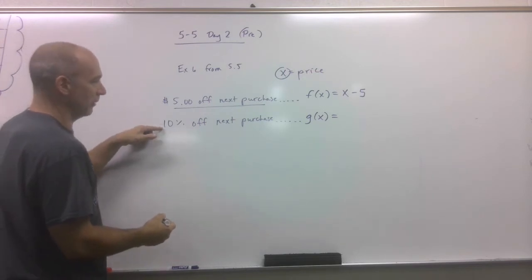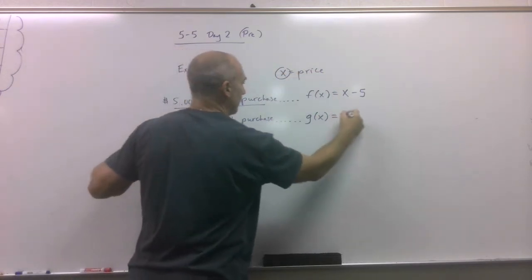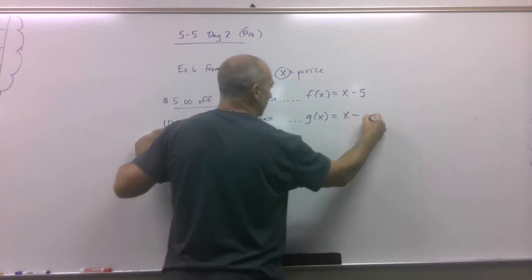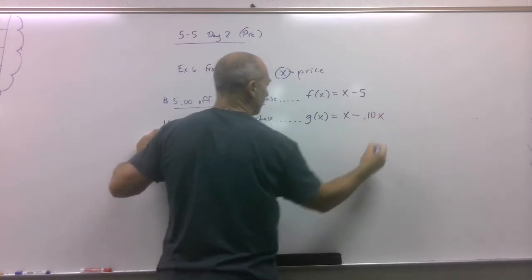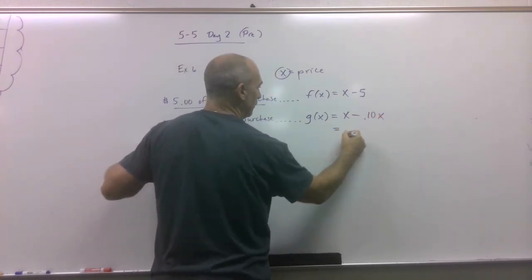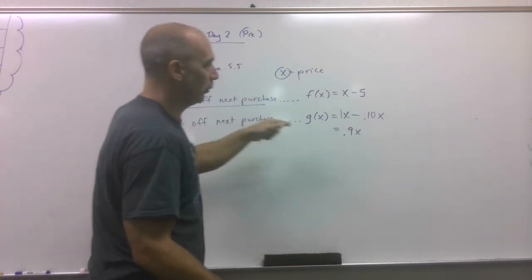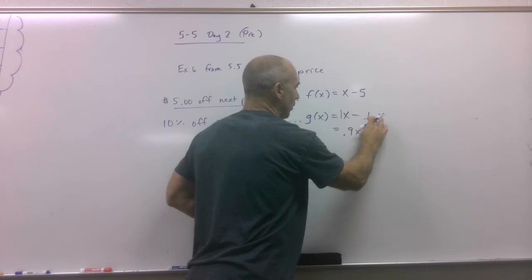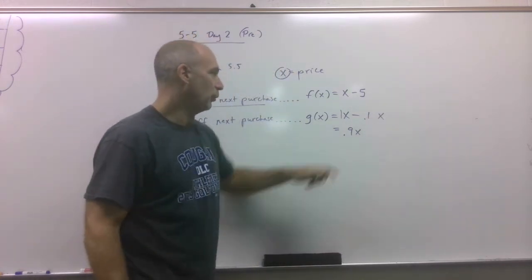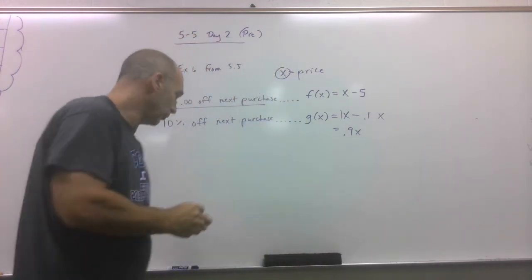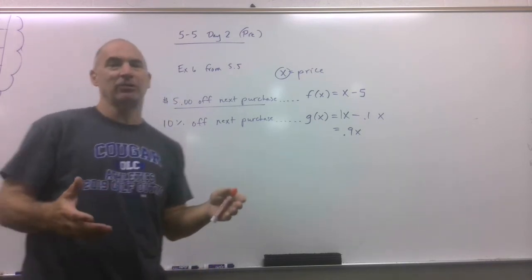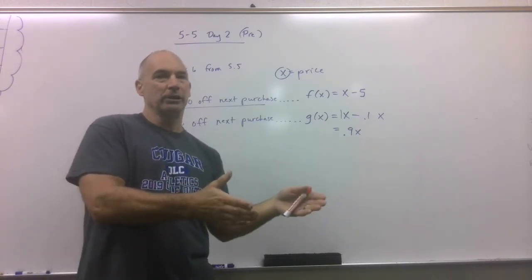We're going to call this g of x because it's a different function, different program. This is 10% off the next purchase, so we take the original price, and then we subtract 0.10x. Now that actually turns into 0.9x. That's 1 minus 0.10. I could actually take that off if that helps you, and then you get 0.9x. So remember I said the problem's asking you which would be the better deal.